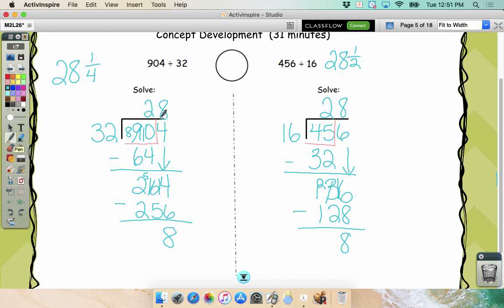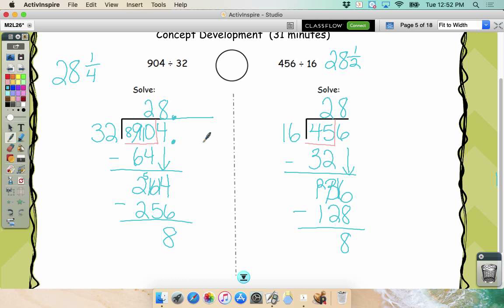Okay? Now, how can I add a decimal to this number without changing the value? Aaron? Put a decimal and 2 zeros. Well, we're going to at least put a decimal, right? And then I can write however many zeros I want here, can't I?